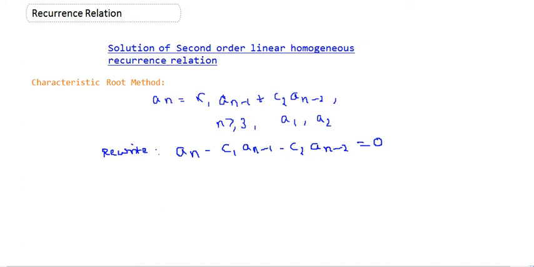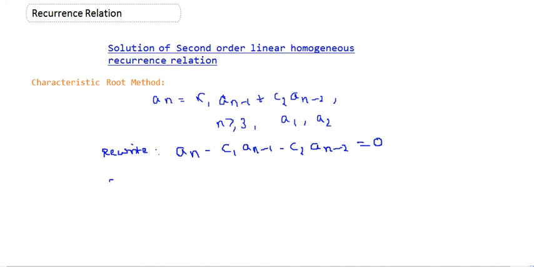So first rewrite the given recurrence relation in this form. Next, we're going to put x to the power n instead of a n. This gives the characteristic equation, and that's why it is called the characteristic root method.